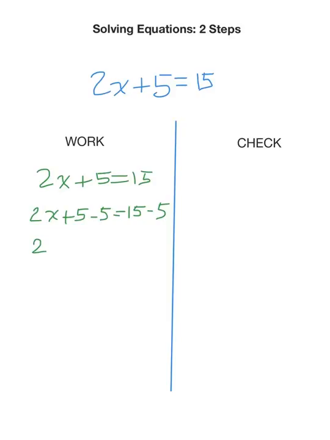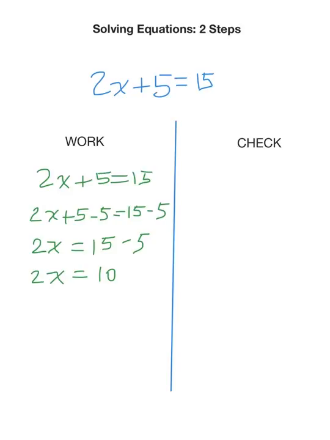So 2x, now plus 5 and minus 5, as you remember from the integers unit, cancel out and it becomes 0. So we're left with 2x equals 15 minus 5. And now we keep simplifying. 2x equals 15 minus 5, which is 10.